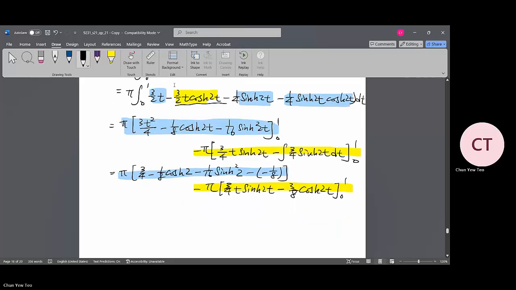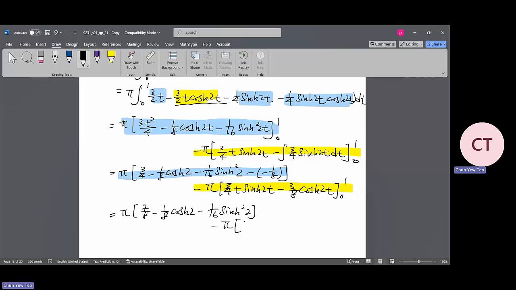Okay, so now we just need to replace the value over here. So this one, it will be 7/8 minus the 1/8 cos 2 minus the 1/16 sine squared 2 minus the pi.